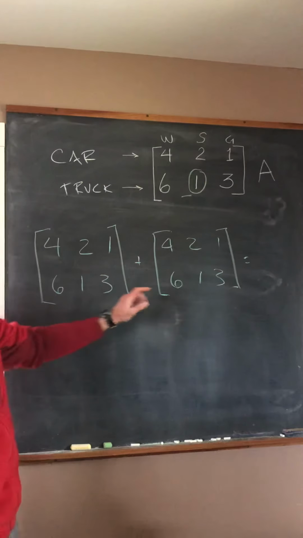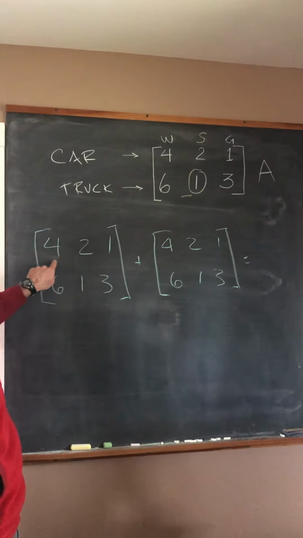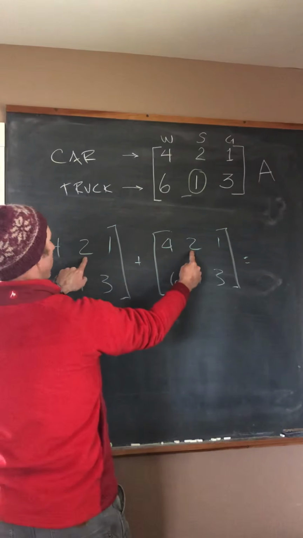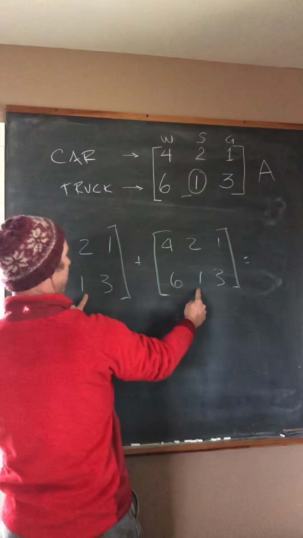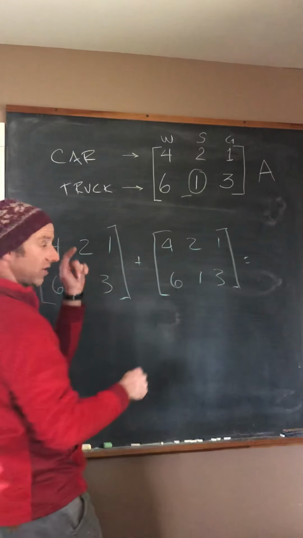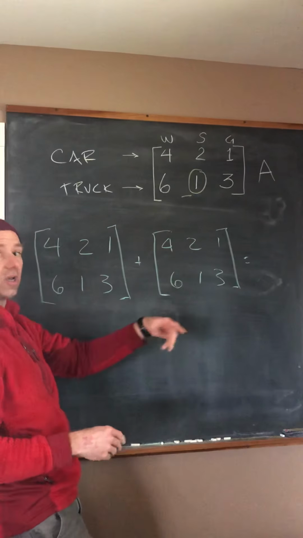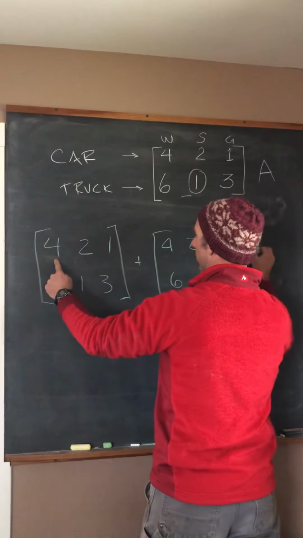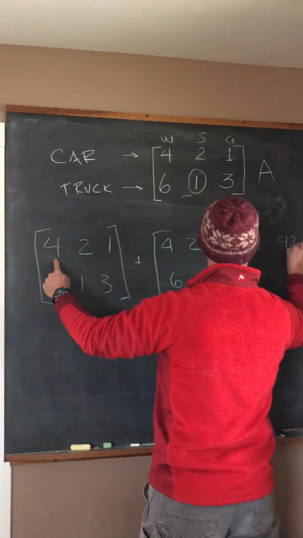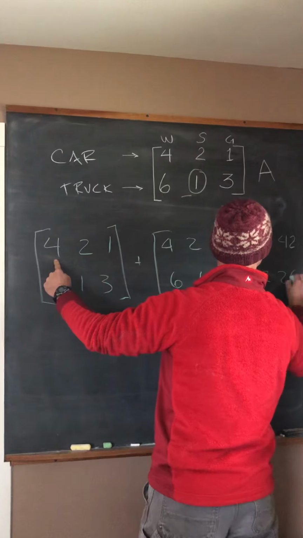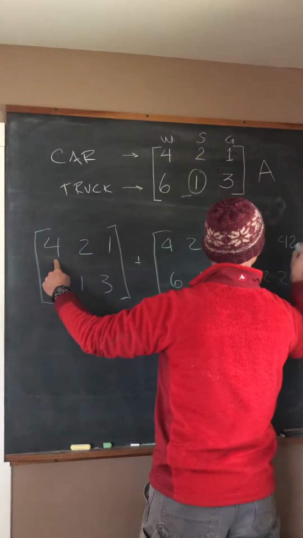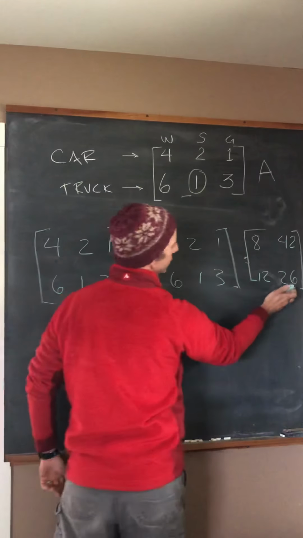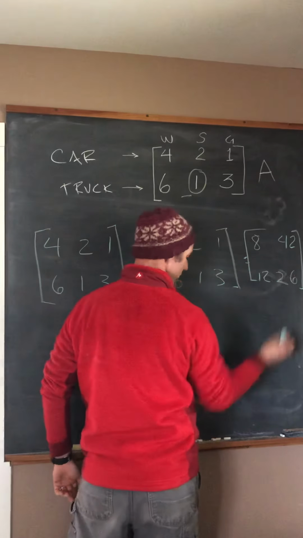When you add matrices, you add each individual piece. 4 plus 4, 2 plus 1. It's just going to be like that, okay? And my result will be another matrix of the same dimensions. So 8, 4, 2, 12, 2, 6. Kind of ran out of space. 12, 2, 6. Okay.